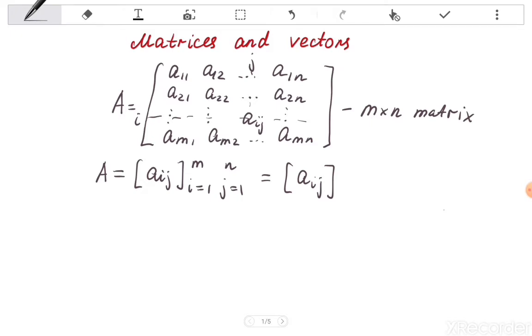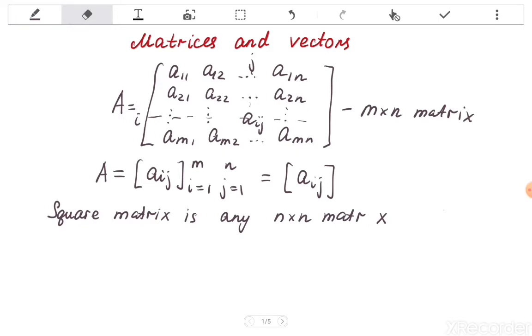Depending on the size of the matrix, we have some special matrices. For example, if a matrix has the same number of rows and columns, we call it a square matrix. So a square matrix is any n times n matrix.